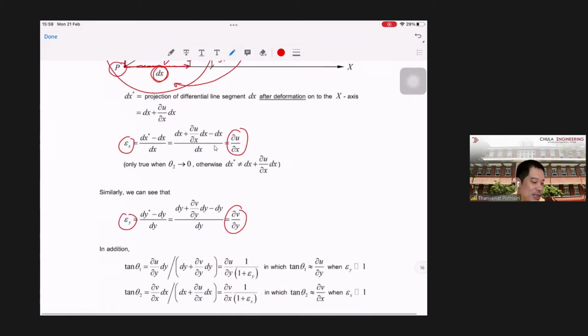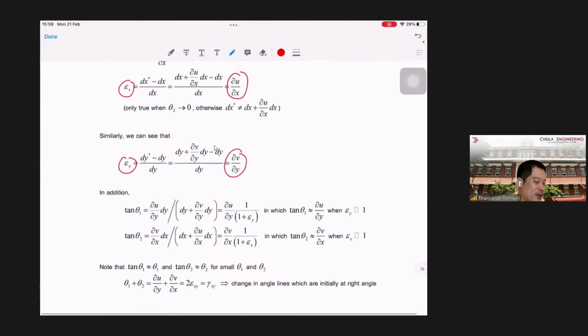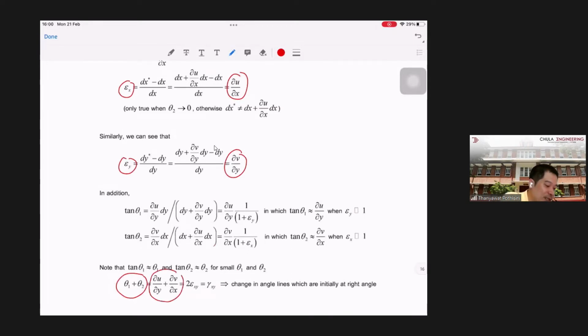And now the terms theta 1 and theta 2 right here is basically the summation of this term, which essentially tells you 2 times epsilon xy, or what we call gamma xy, our engineering shear strain. So basically, the engineering shear strain, in a sense, tells you the change of angles within your differential body.